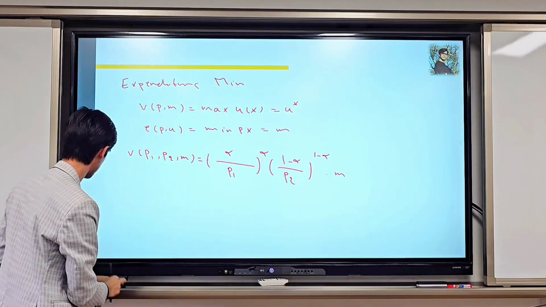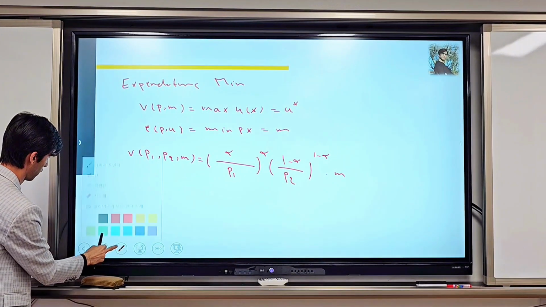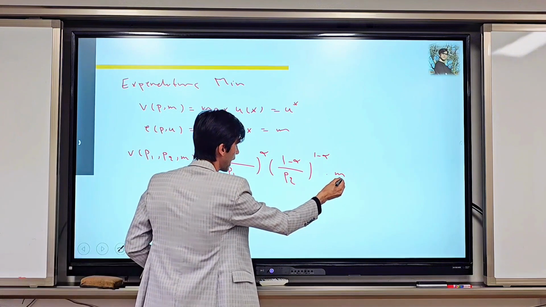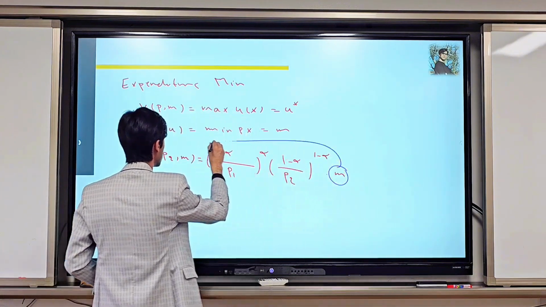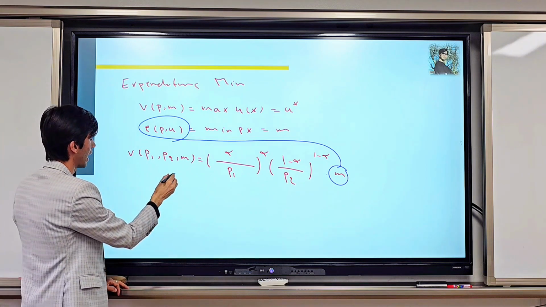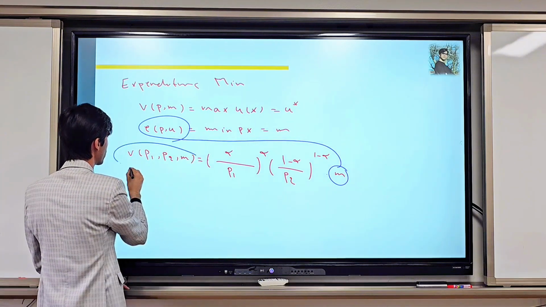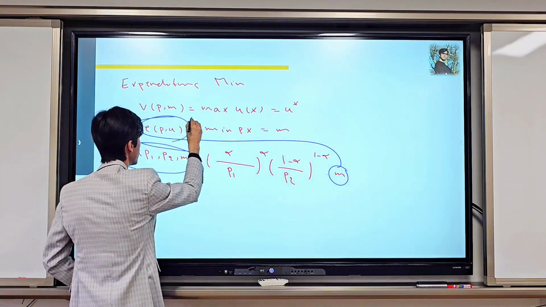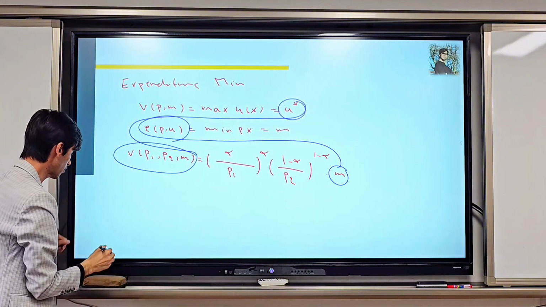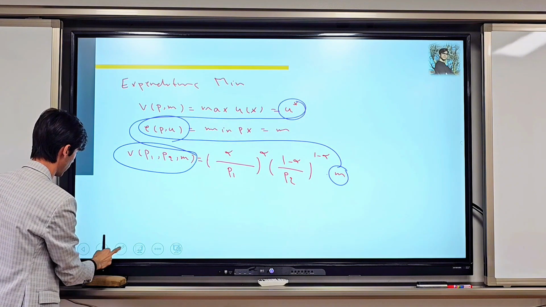So now, your m is equal to E of P and U, and your indirect utility function, V of P and M, is equal to your U. So substitute those two values here.